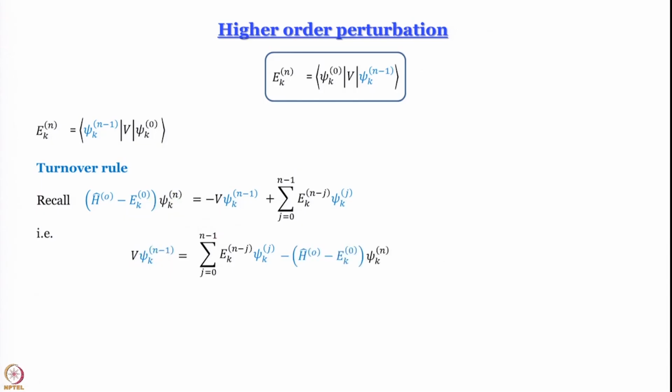Now what am I looking for? I am looking for V psi k 0th. My purpose is to simplify this ket vector in the integral. So, I put n minus 1 equal to 0, because here I have n minus 1. So, I put n equal to 1 essentially.